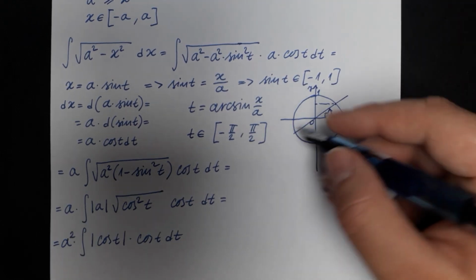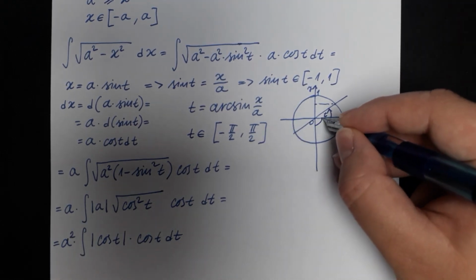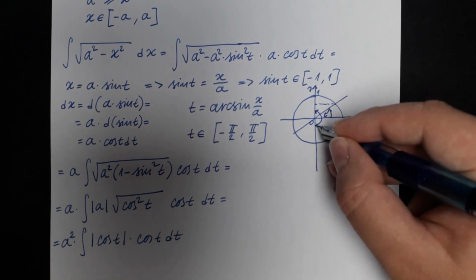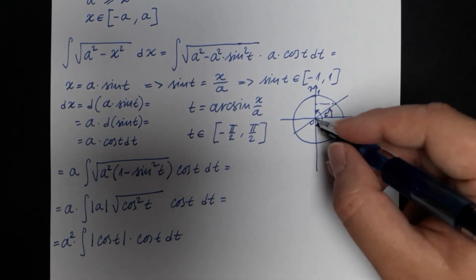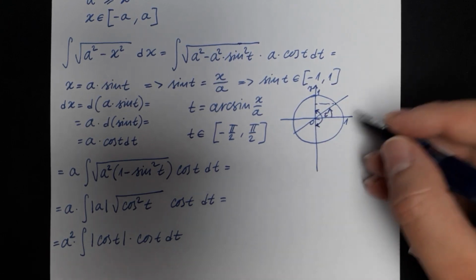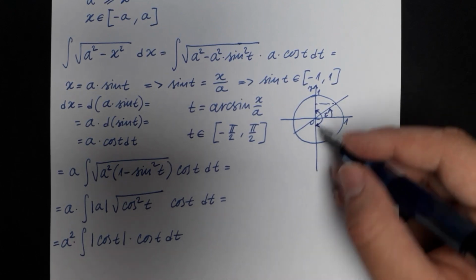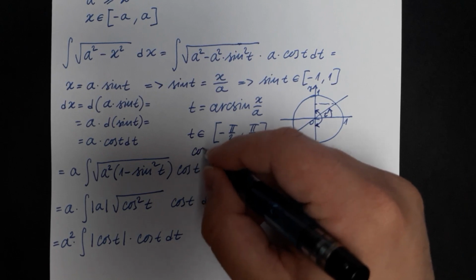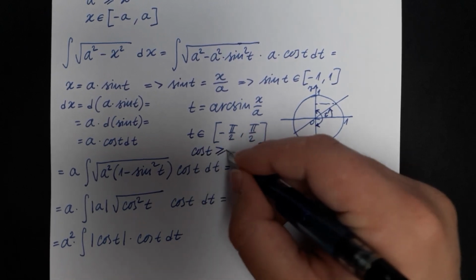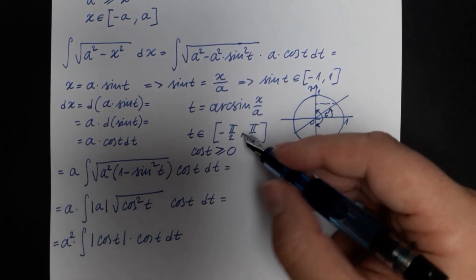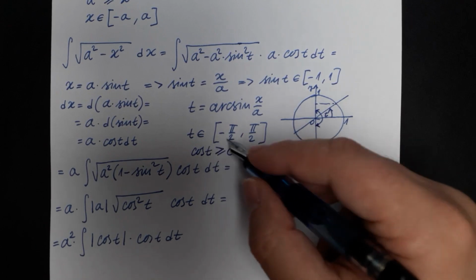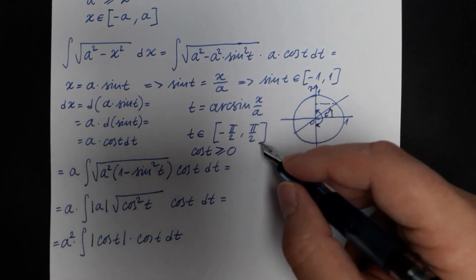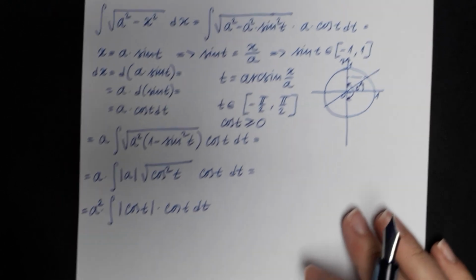Now from minus pi half to pi half, which is this interval right here, we see that the cosine value on that interval is always larger or equal to 0. Well, that basically means that cosine of t is larger or equal to 0 for every t which belongs in an interval from minus pi half to pi half.